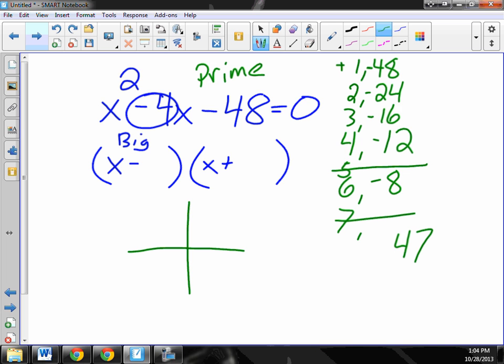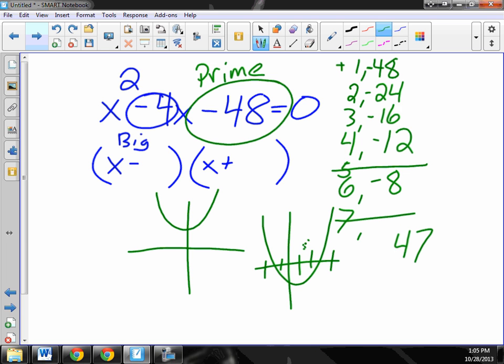Maybe the graph misses the x-axis. Or maybe the graph touches the x-axis at numbers that aren't very nice, at decimals. And in fact, this is the case because I know that the y-intercept is negative 48. So it crosses the y-axis at negative 48, so it has to hit somewhere. But they must be irrational numbers.